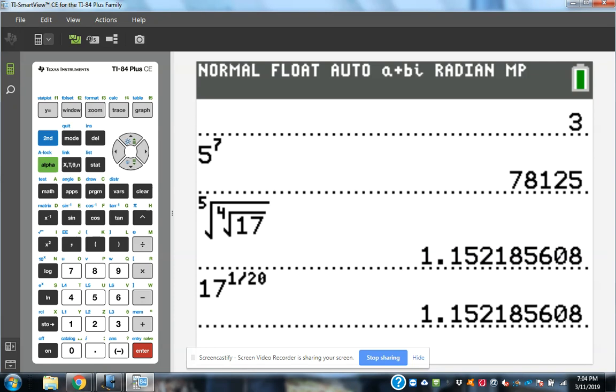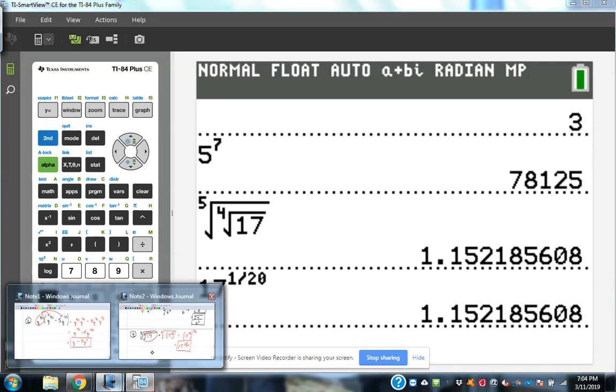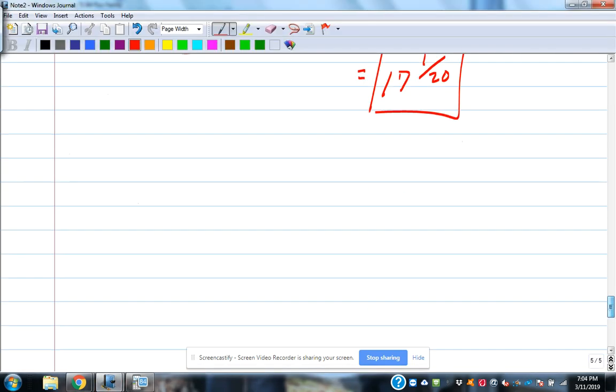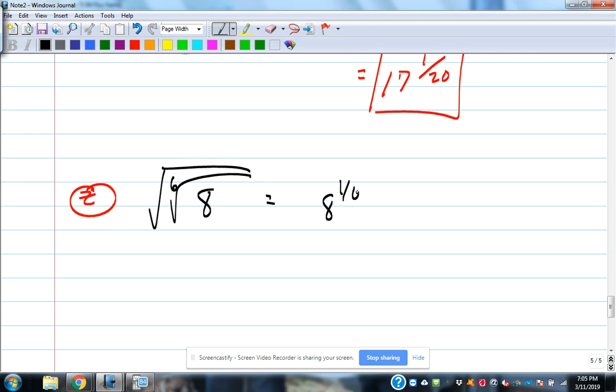Let's look at another one of those types of problems to finish off this section. Oh yeah, it was too close not to. All right, so let's think about exponent rules and how we could rewrite this one with a rational exponent. 8 to the 1/6, I heard.